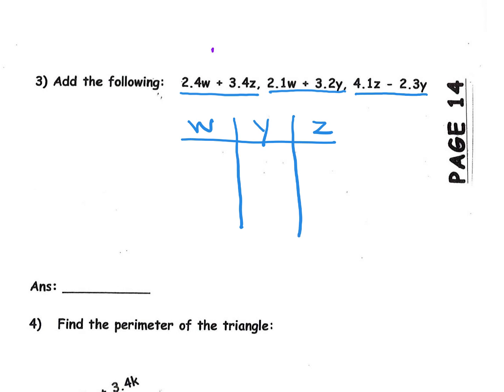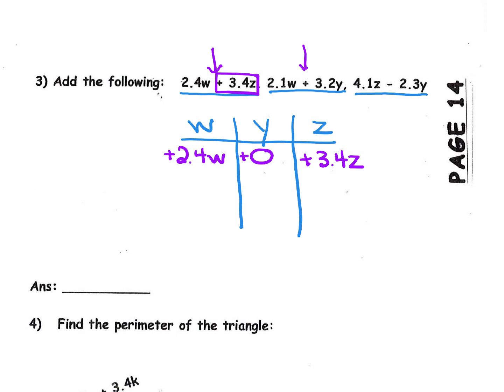Take our first expression right here, 2.4W, that's a gain or positive, and then we're going to take this term, positive 3.4Z, and put that in the third column. Put a 0 in the middle column to occupy the space.